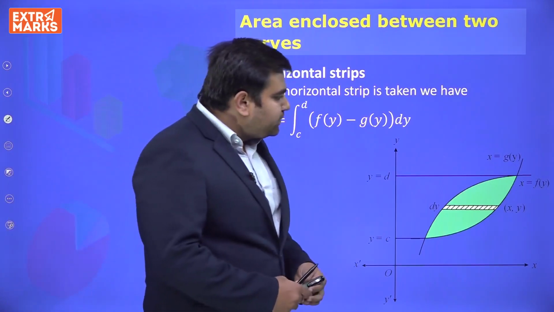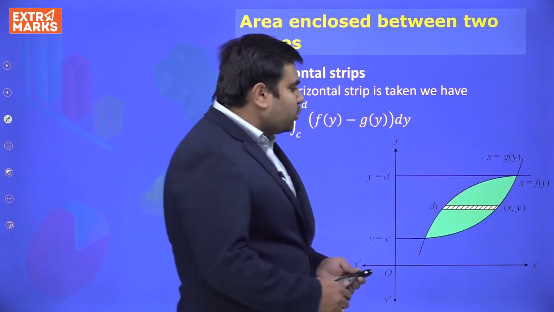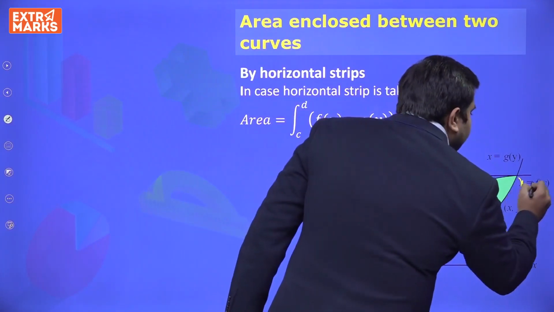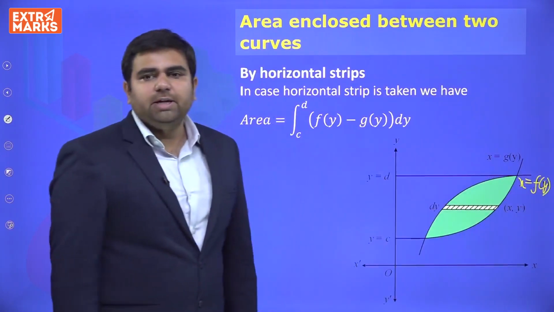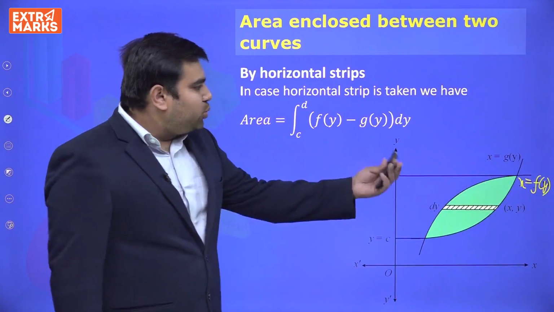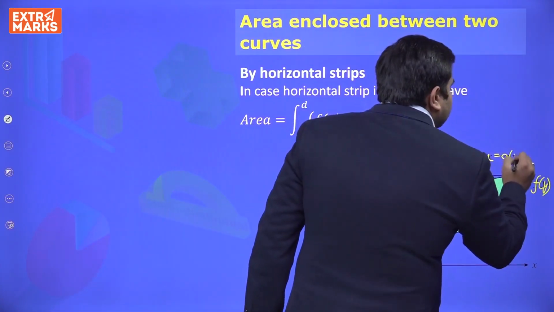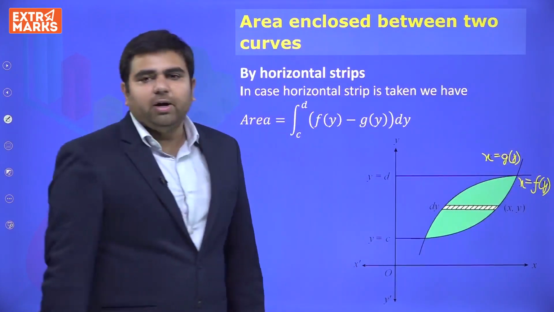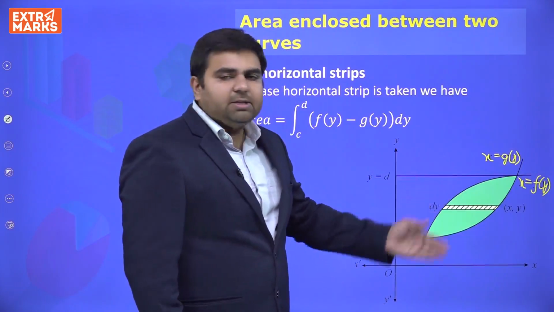So first of all, what is the curve which is towards the right side? The curve which is towards the right side is x equal to f of y. What is the curve which is towards the left side? It is x equal to g of y. So right side minus left side.